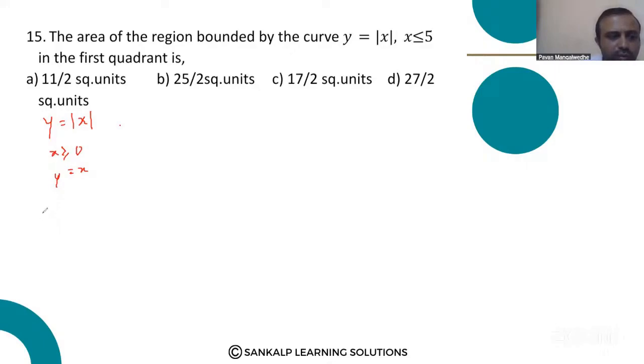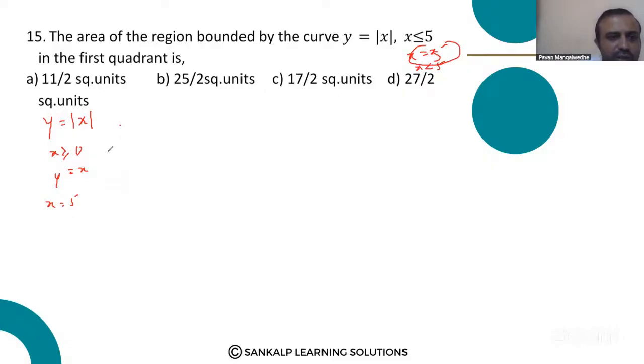Then the region is bounded by y is equals to x, the x axis and the y axis, where x is equals to 5, because here the condition is mentioned that x is less than or equal to 5. We take x is equals to 5.